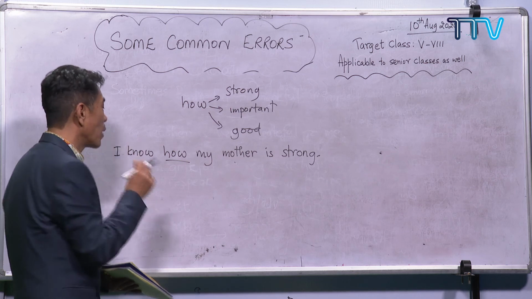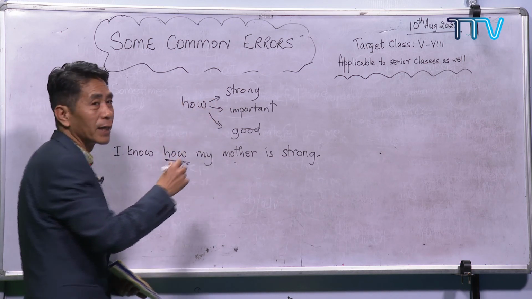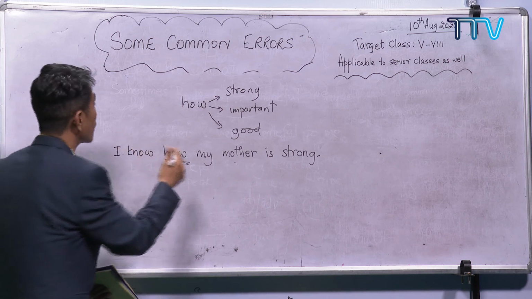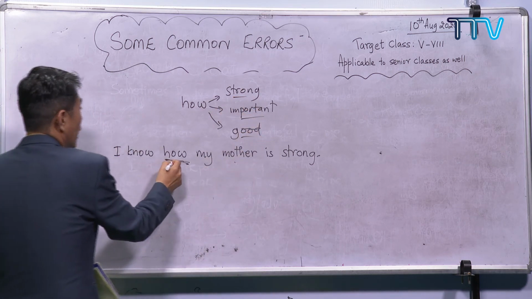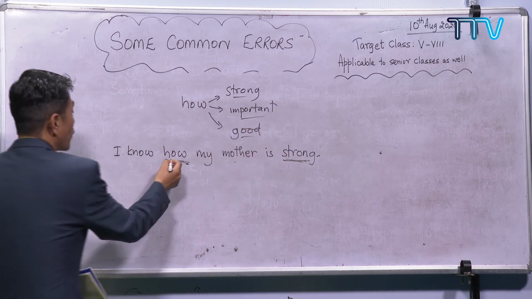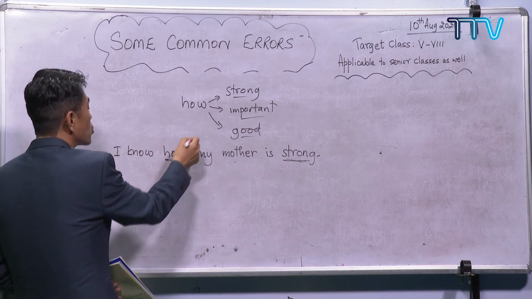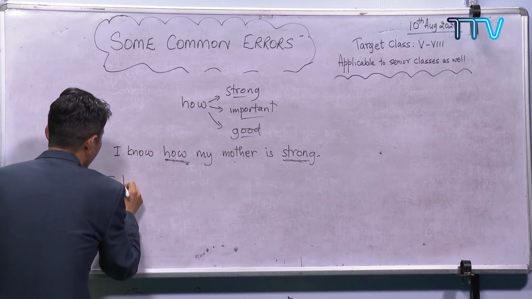Now what I want to say is whenever you use how, it should be followed by the adjective. For example, strong, important, good. If you look at this, the adjective is placed at the end. But we have this word, how. So this is wrong.